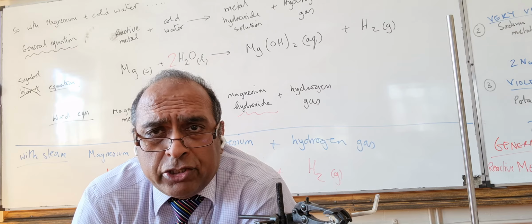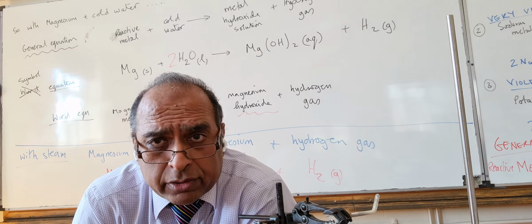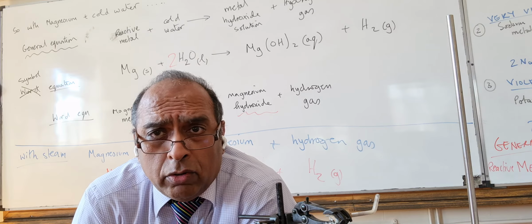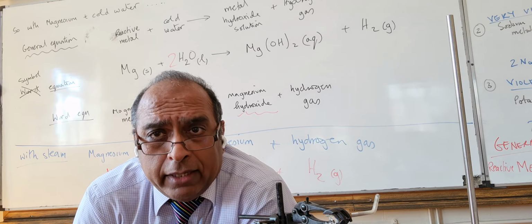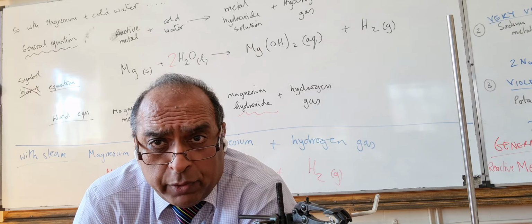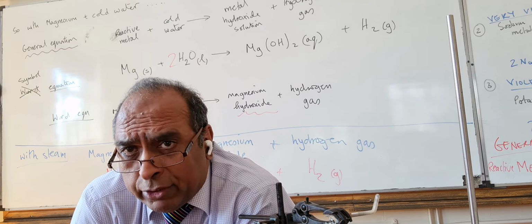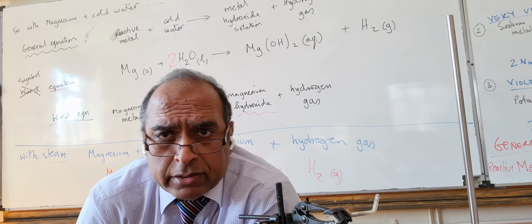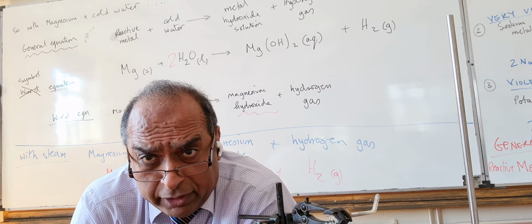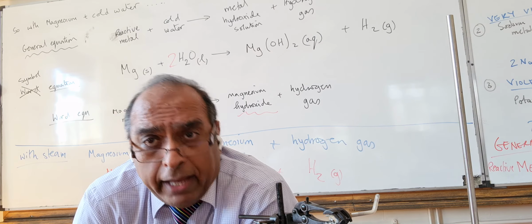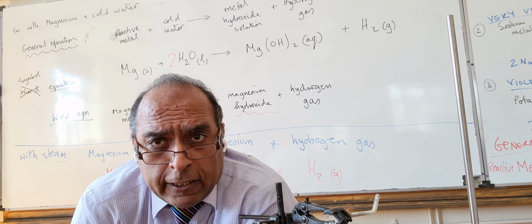So you've got to remember these general equations. There's two general equations. One with cold water and one with steam, and learn them both so that if we ask you to react things with cold water, you make metal hydroxides and hydrogen gas, and if we ask you to react things with steam, then you know you're going to get the metal oxide and hydrogen gas.